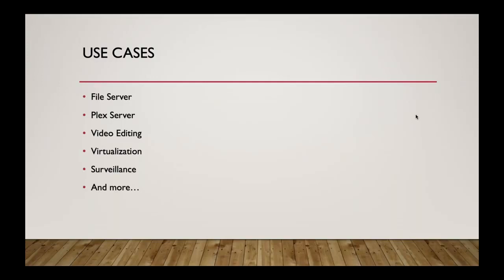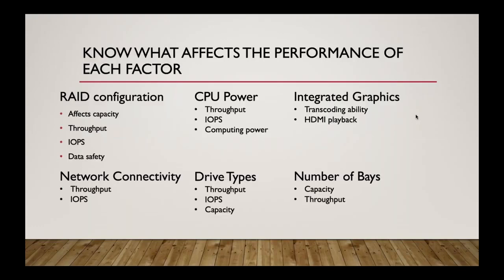So let's go over some various use cases. We're going to go over file server, Plex server, a NAS for video editing, virtualization, surveillance, and more. So first of all, you want to know what performance factors affect what category of performance.